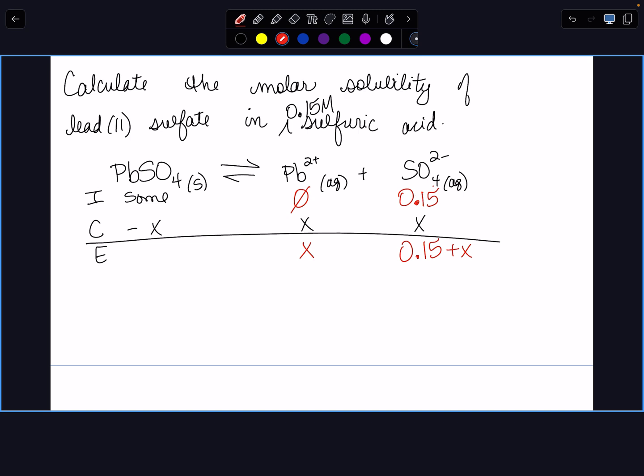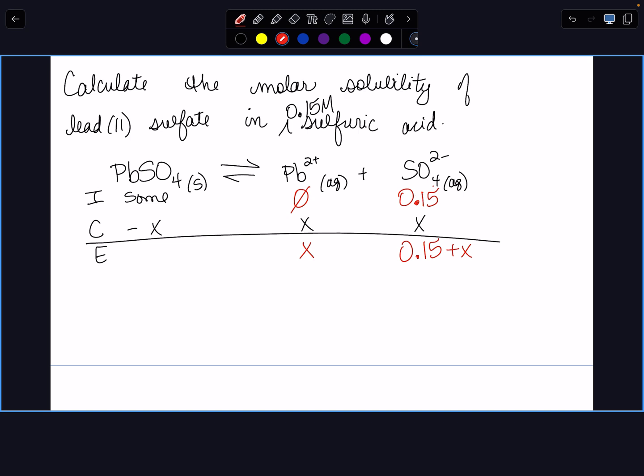If I'm trying to dissolve lead 2 sulfate in water versus in sulfuric acid, in which case do you think more lead 2 sulfate would dissolve? In water or in sulfuric acid? Water.